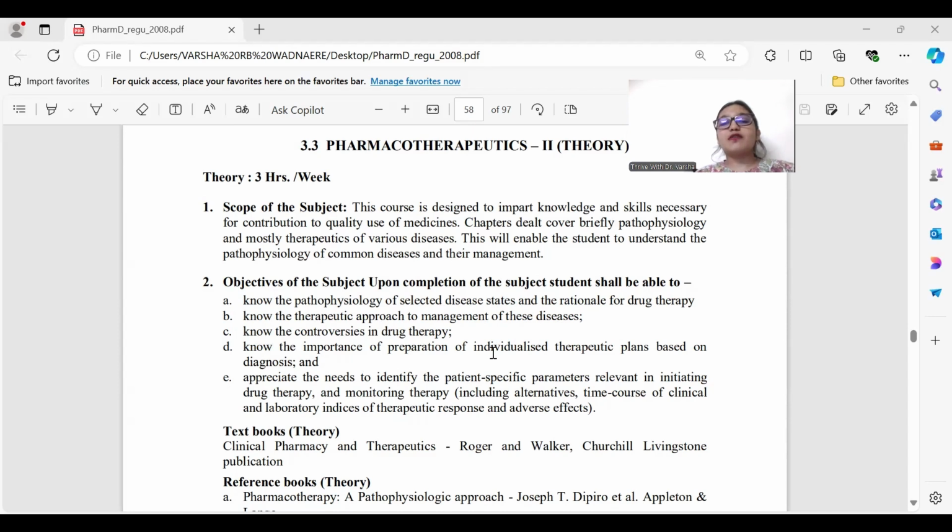Know the importance of preparation of individualized patient therapeutic plans based on their diagnosis, and appreciate the need to identify the patient-specific parameters relevant in initiating drug therapy and monitoring therapy, including alternatives, time course of clinical and laboratory indices of therapeutic response, and their adverse effects.